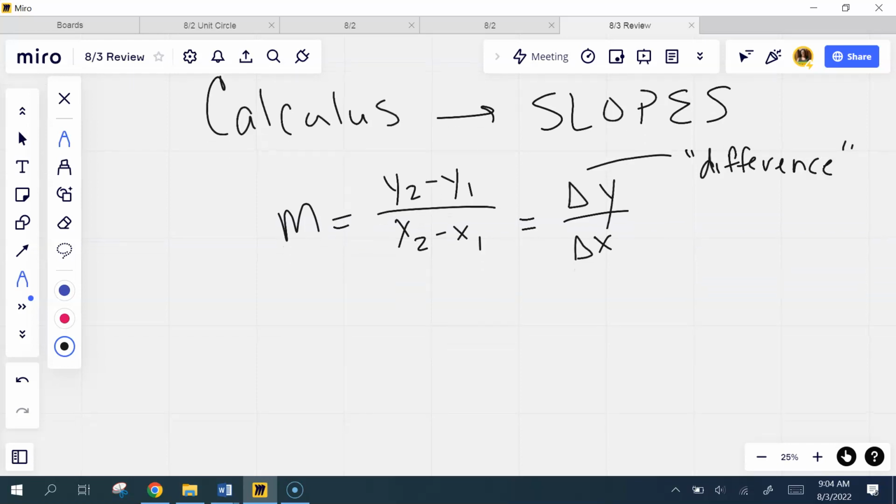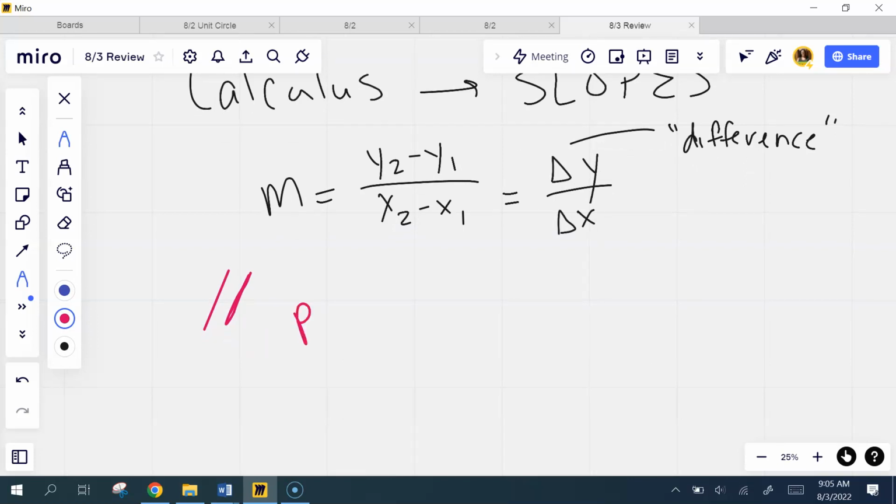Tell me, we're still talking about lines here for a little bit. What does that symbol mean? Yeah, parallel. What's special about parallel lines? Same slope. They never intersect and they have the same slope.